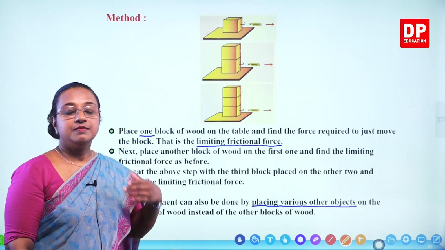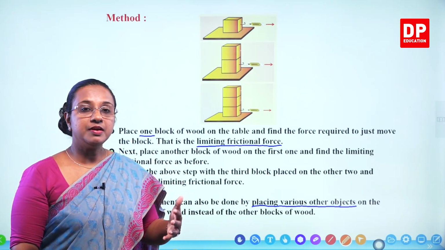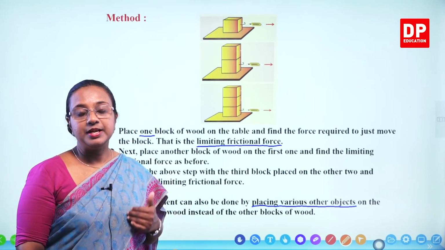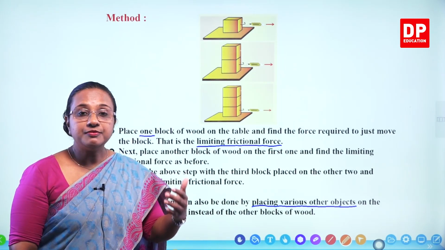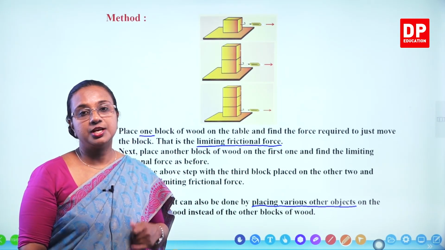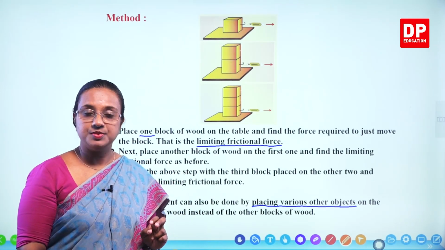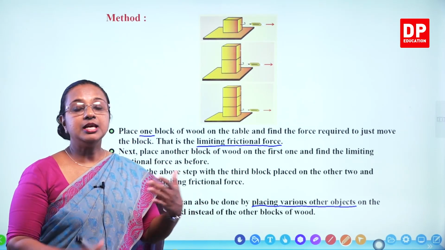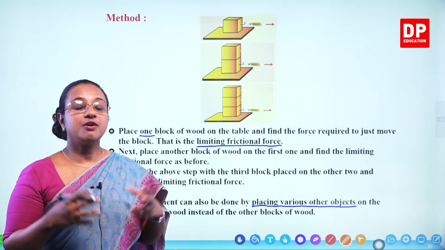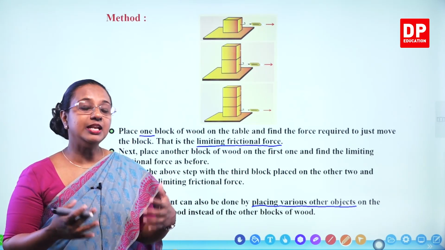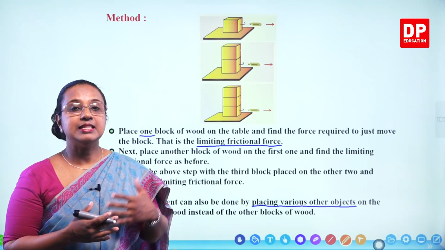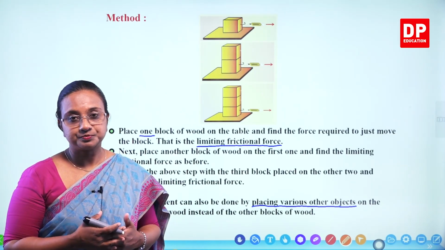So here we just want to observe whether the perpendicular reaction affects the limiting frictional force. Therefore we can use different objects. It would be better if we use objects of different weight. Then you can understand the effect easily.